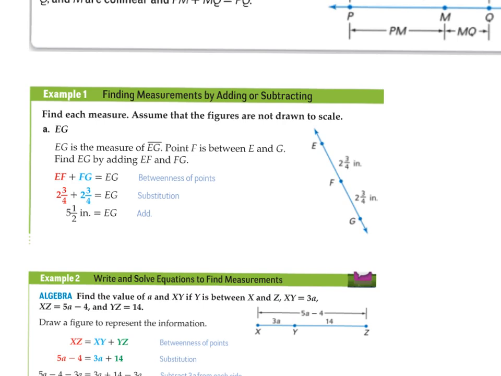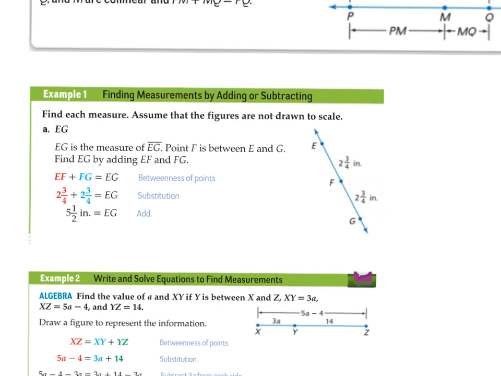Okay. It wants us to find EG, and we have here E and G. We don't yet know the full distance from E to G, but we know that from E to F, we have 2 3/4 inches. And then from F to G, we have 2 3/4 inches.